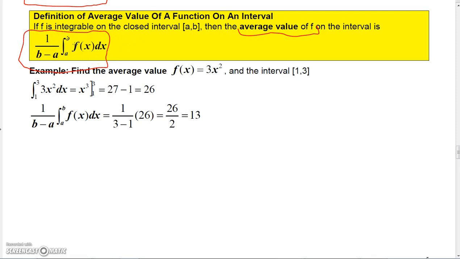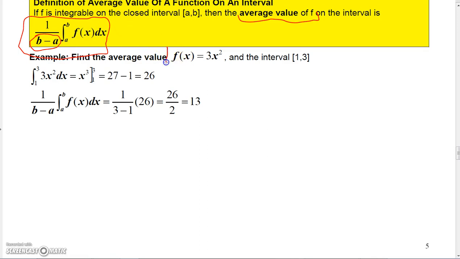Well, an integral is like an infinite sum, like adding up infinitely many values. So to get an average of an integral, we have to divide by the length of the interval. So if I want to find the average value of this function from 1 to 3, the first thing I've got to do is evaluate the integral, which we just did.